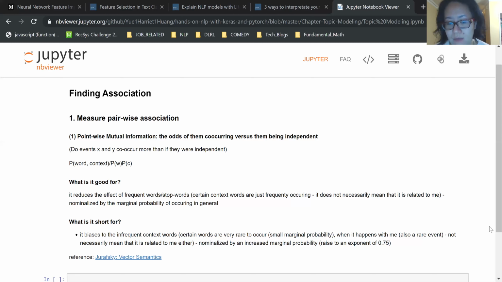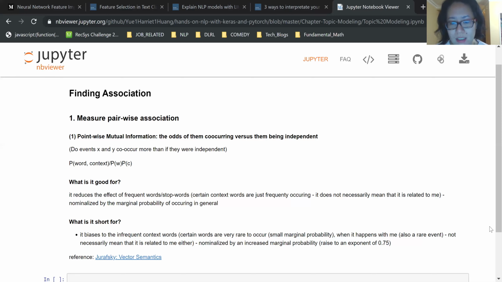So when you scale down the PMI by dividing by the marginal probability, then you will also suffer the disadvantage that if you have an infrequent word, right? Let's say something that is just very rare to see, which means the probability of you seeing it individually is very low. So therefore, the PMI for this kind of context word is just going to be very high, right?